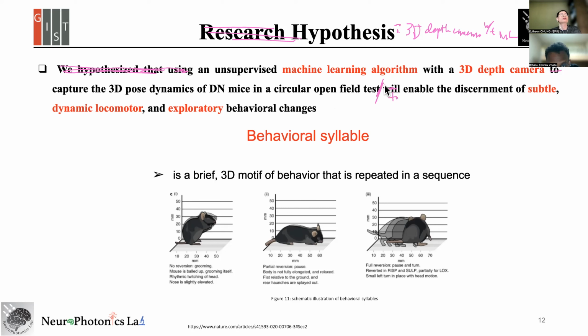I mean, that's one line, and you want to add: to enable discernment of behavior changes, okay? Too long, so make it two.